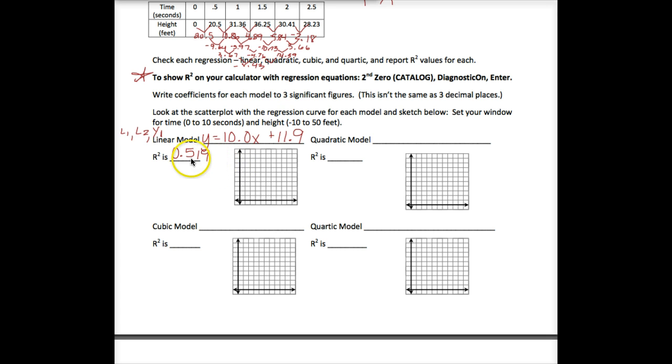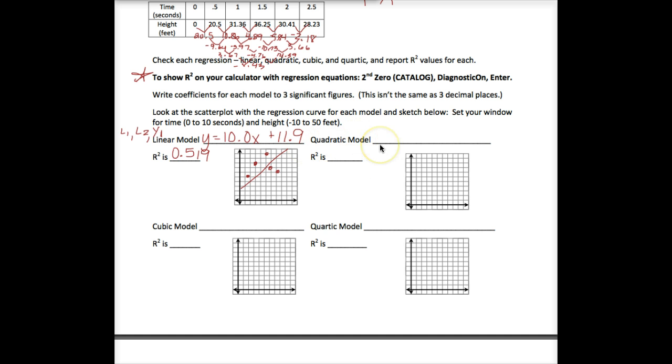So if that's the case on R-squared, you can ignore this when necessary. So now I'm going to look at my graph, and I'm just going to do a rough sketch. So the points that I've got look something like this, and my linear model looks something like this. So it doesn't look like a great model. R squared indicates that it's not real close to 1.